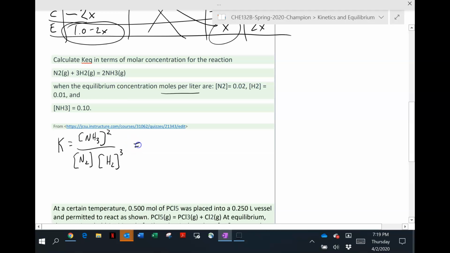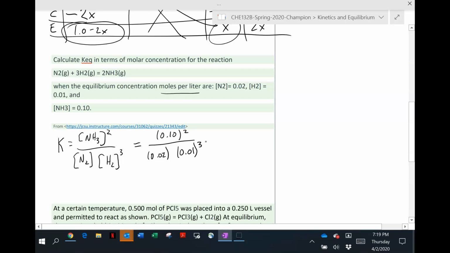So if we put our numbers in here, NH3 is 0.1, so we have 0.10 squared. We have N2 is 0.02, and H2 is 0.01, and that's cubed.